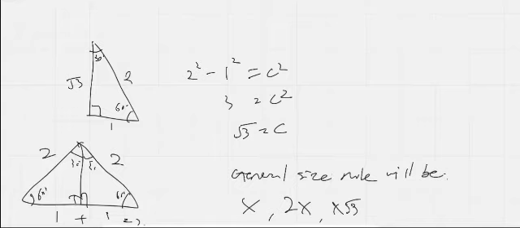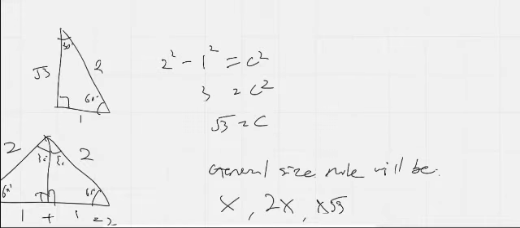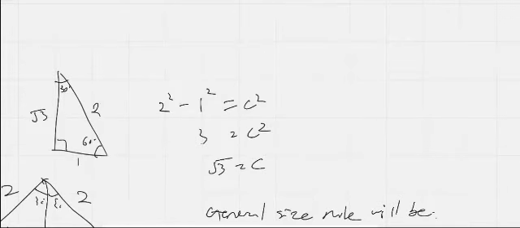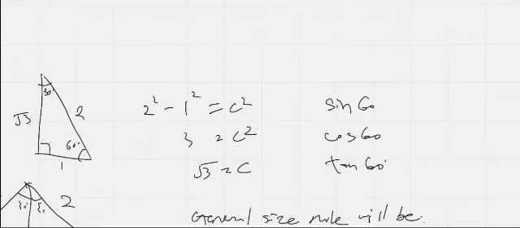So now let's say I want to do sine 60 and cosine 60 and tangent 60. So sine 60, we know that is O over H, and so O over H in this side will be root 3 over 2.